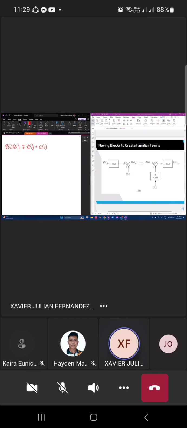Coming to the summing junction, that's positive R of S, and the output there is X of S times 1 over G of S. So that's minus plus X of S over G of S. Then the output we multiply, or make it the input to G of S.